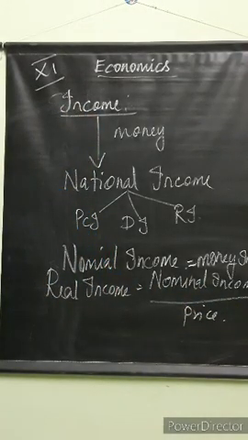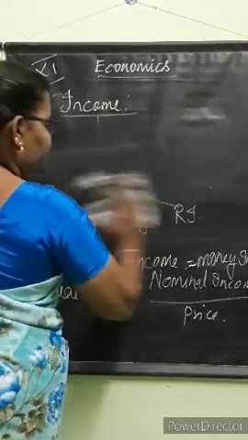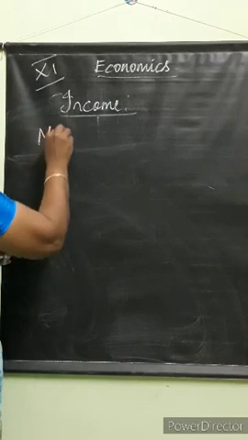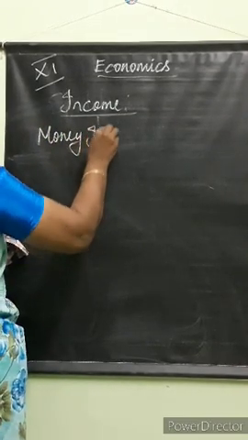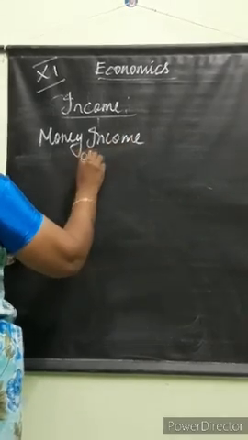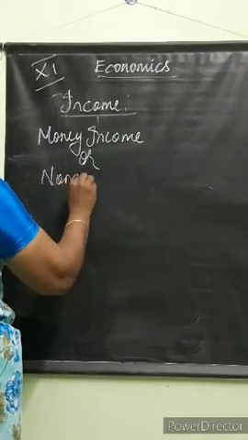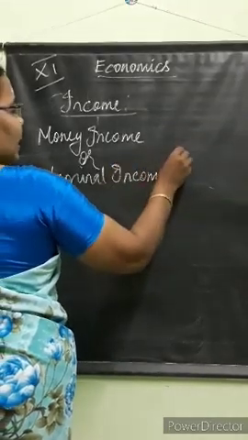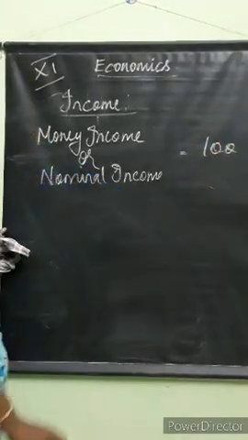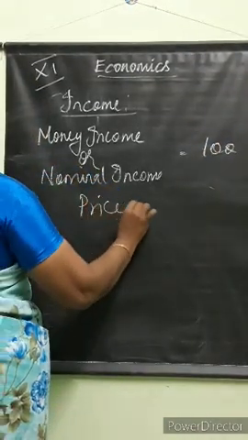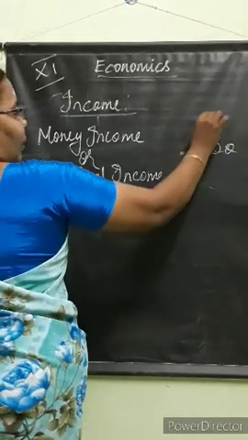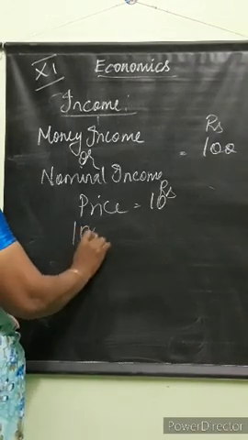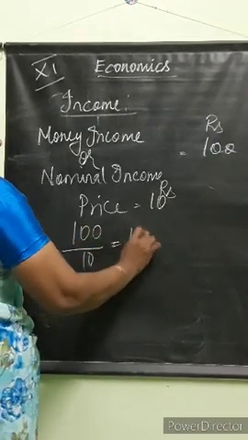Let me give you an example, then you will get a better understanding. For example, my money income or nominal income, just for an example, is rupees 100. The price is rupees 10. Then what is my real income? 100 by 10 is equal to 10.